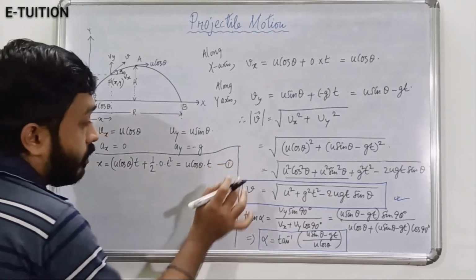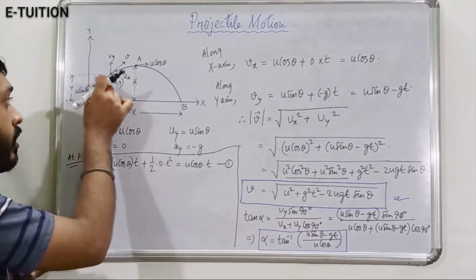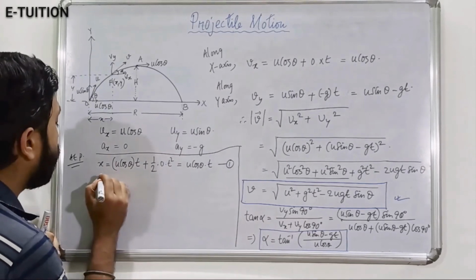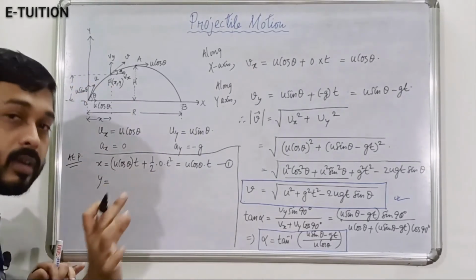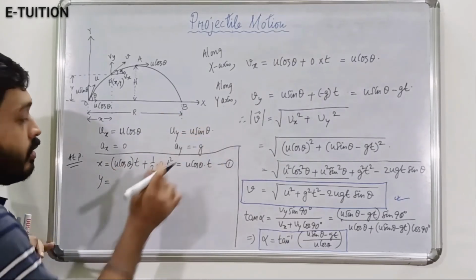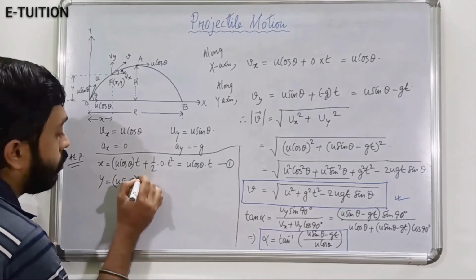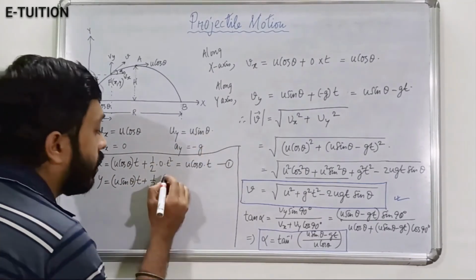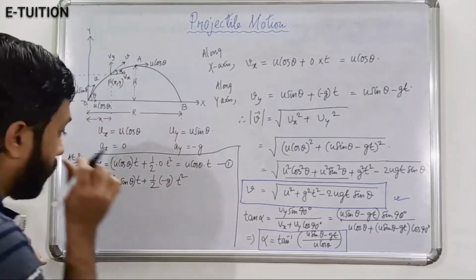This is the first equation. Here x is the horizontal displacement after time t, and y is the vertical displacement after time t. How much is y? y is equal to ut plus half at square. How much is u along the vertical direction? u sin theta into t plus half at square. Acceleration along vertical direction is minus g, so minus half g t square.